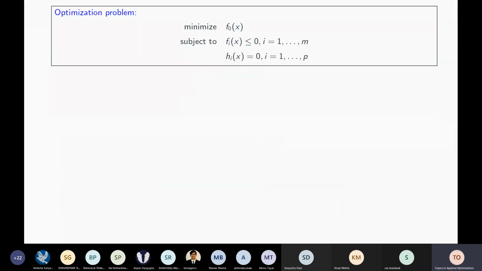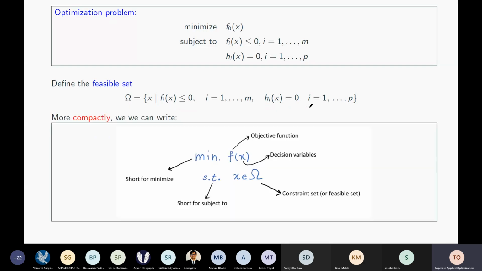The feasible set we have already described in words. It is the set of all x that satisfy the inequality constraints and the equality constraints. So that's the feasible set. More compactly, if we recall, we can also write the minimization problem in a short form. This is our objective function, and the constraints can be put in some set omega.